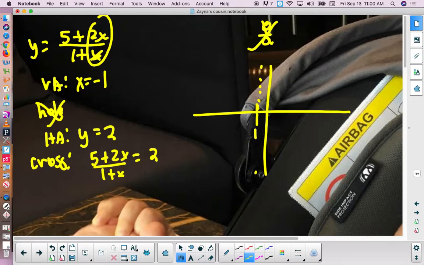My horizontal asymptote, this will hover close to 2. Actually, just cover up where I find my highest powers of x and reduce. And I'm going to check for cross. So now I'm going to cross multiply and get 5 plus 2x equals 2 plus 2x.